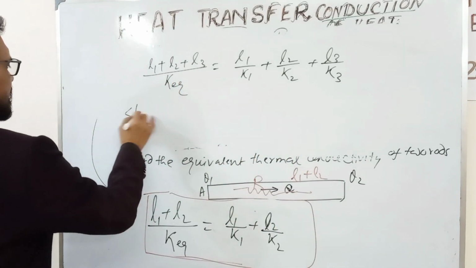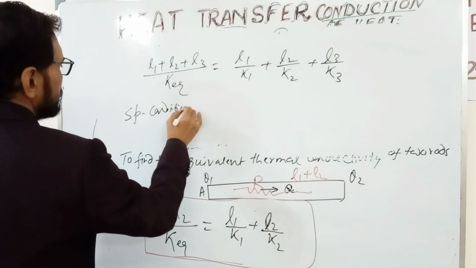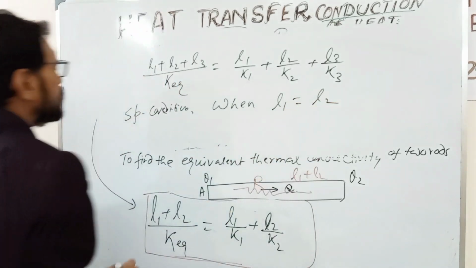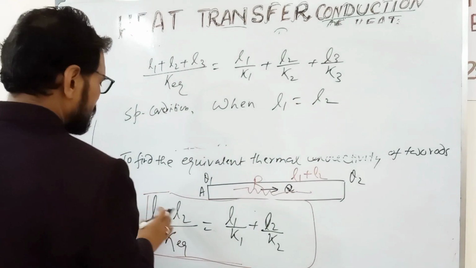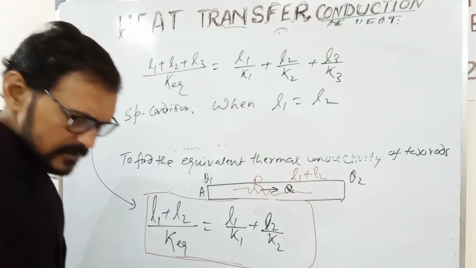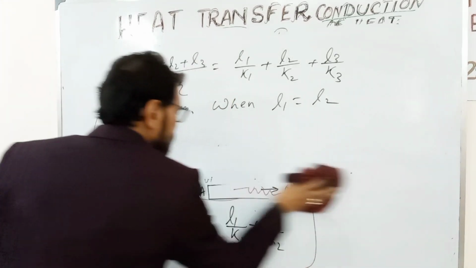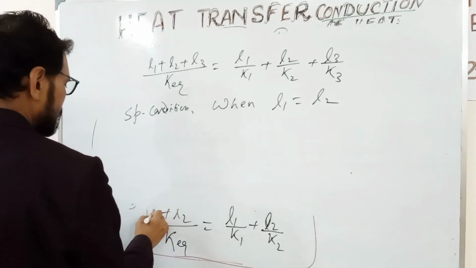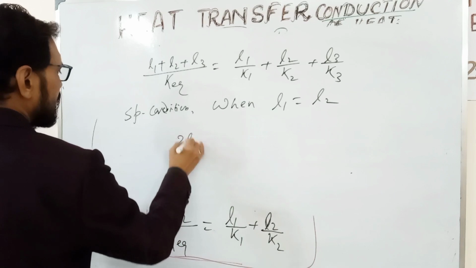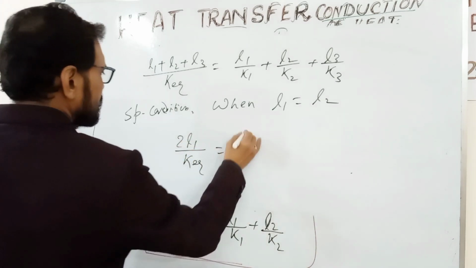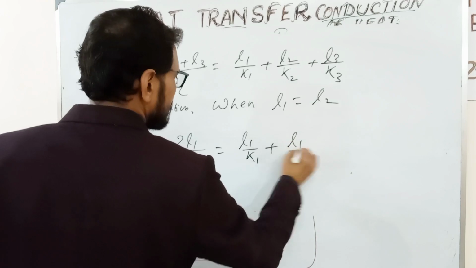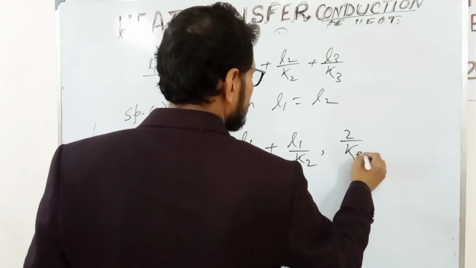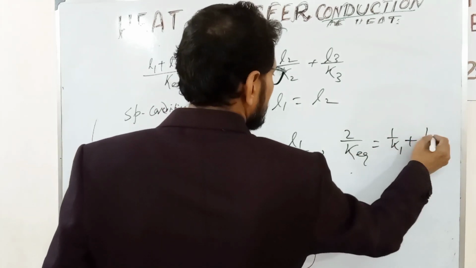Now a special condition: when L1 equals L2, what happens? Put L1 equal to L2, we get 2L1 by K equivalent equals L1 by K1 plus L1 by K2.